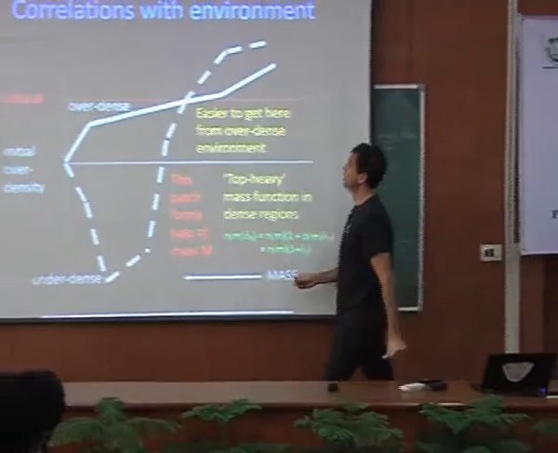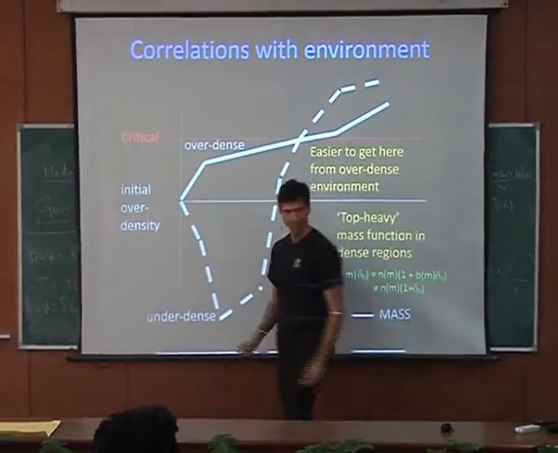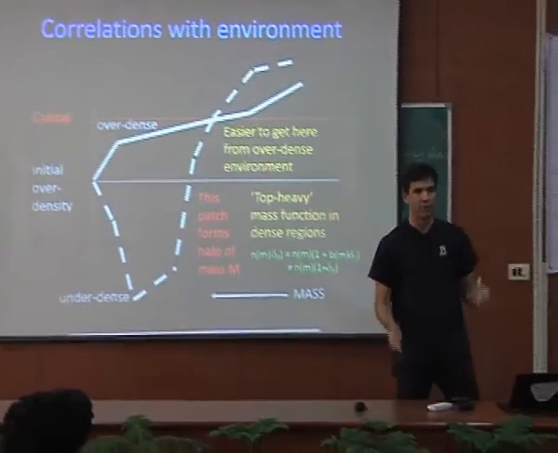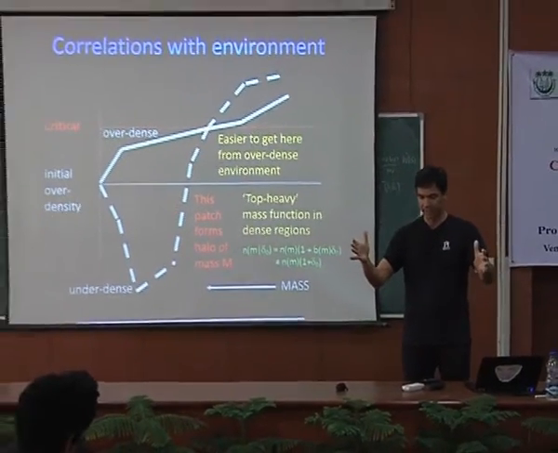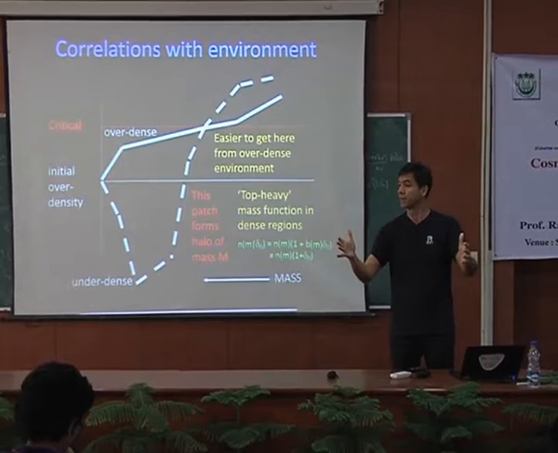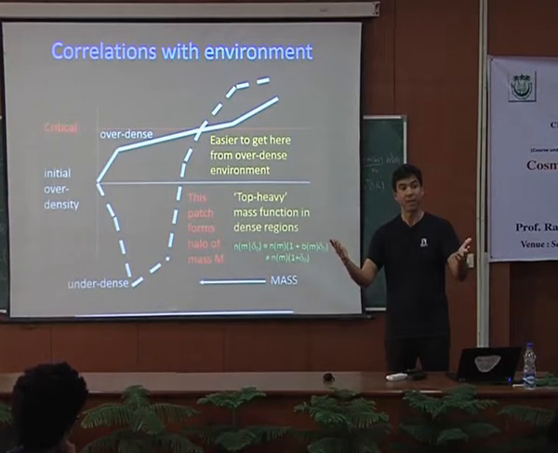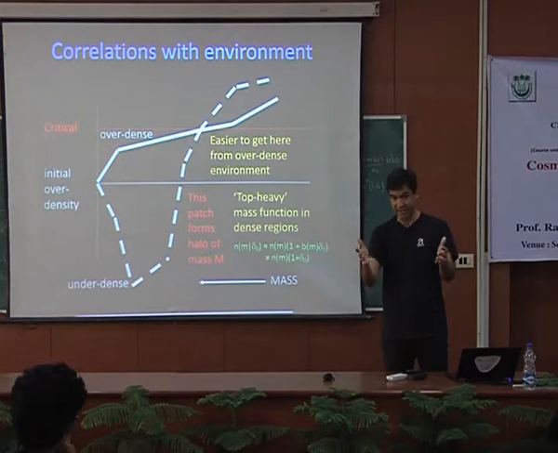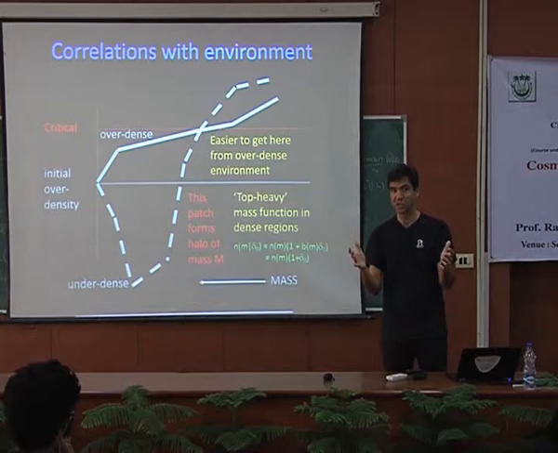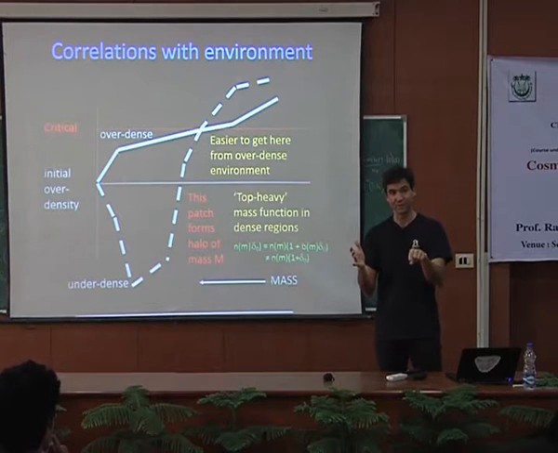Okay, one last idea is that we like to think that a dense region can be thought of as an effective omega, an effective cosmology. If it's dense, then, as an effective cosmology, it should have the growth factor of that effective cosmology.